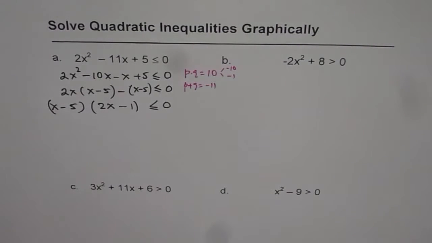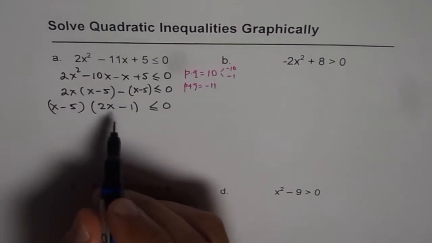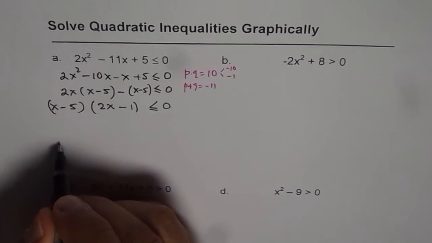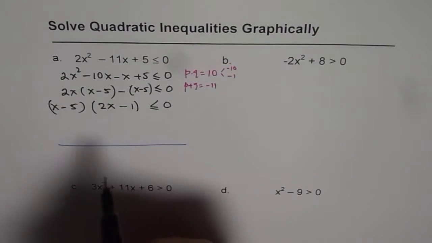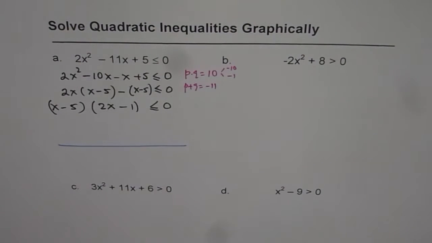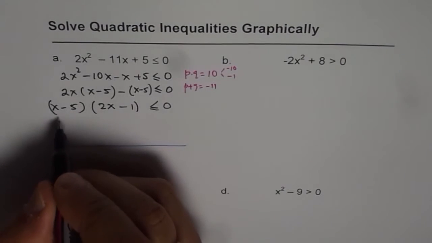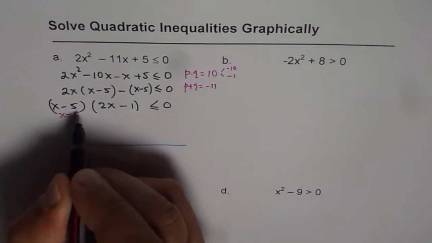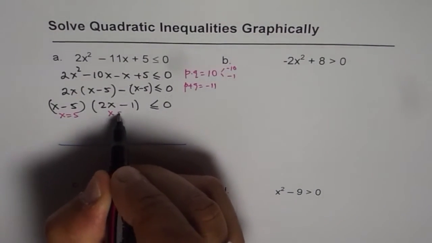Now it is time to sketch this parabola. It has two zeros, and the zeros are at 5 and half, correct? We know the zeros are at x equals 5 and at x equals half.